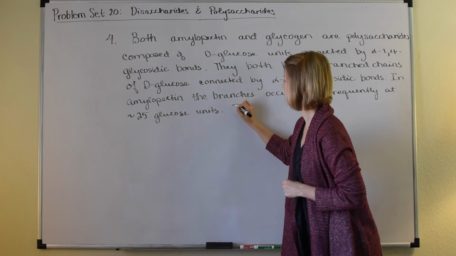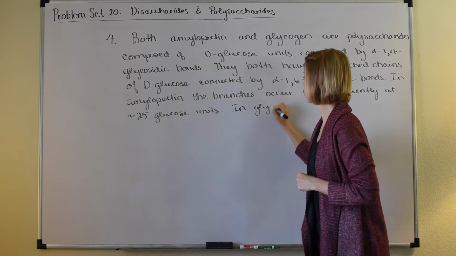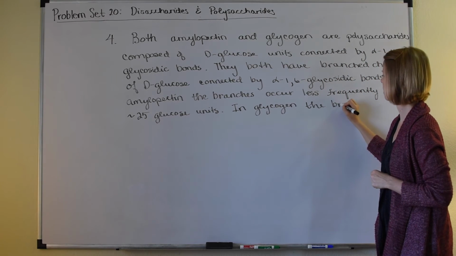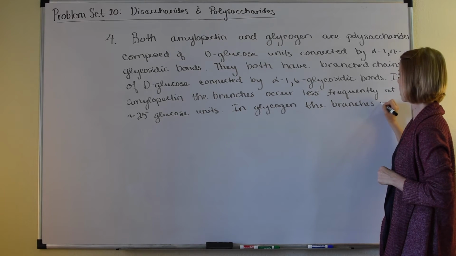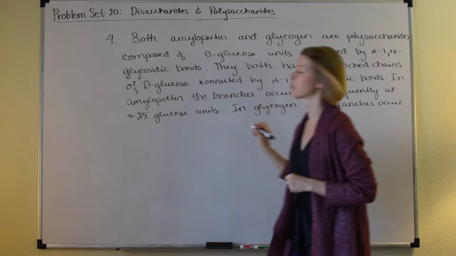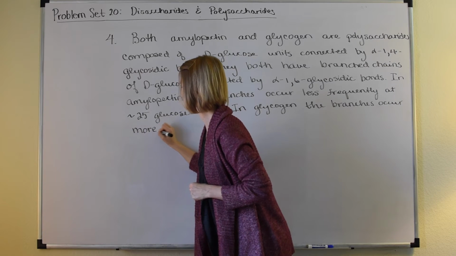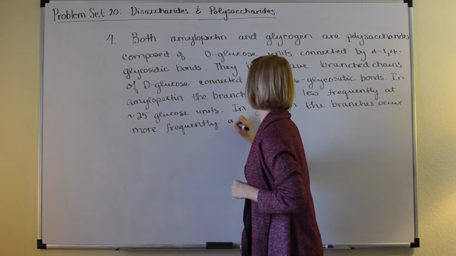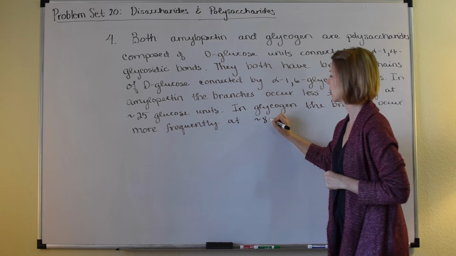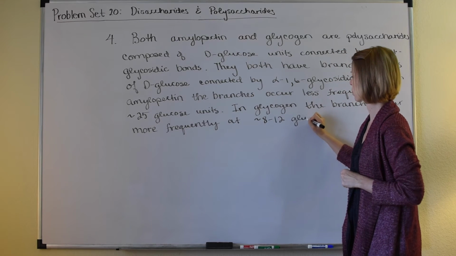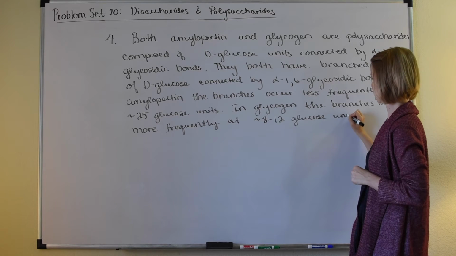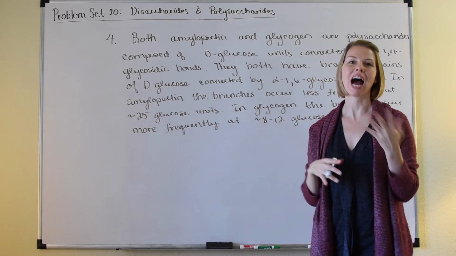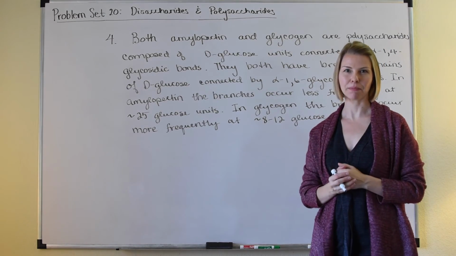In glycogen, the branches occur more frequently, at approximately every 8 to 12 glucose units. Okay, so the shortest answer is that glycogen is more highly branched than the amylopectin.